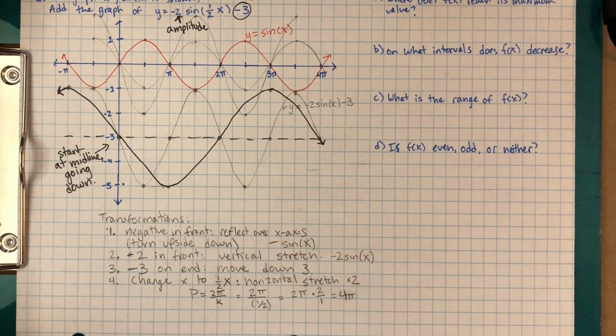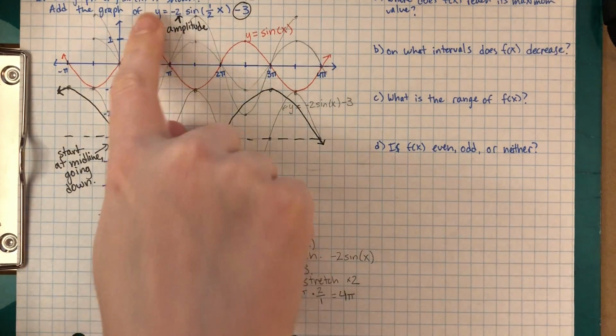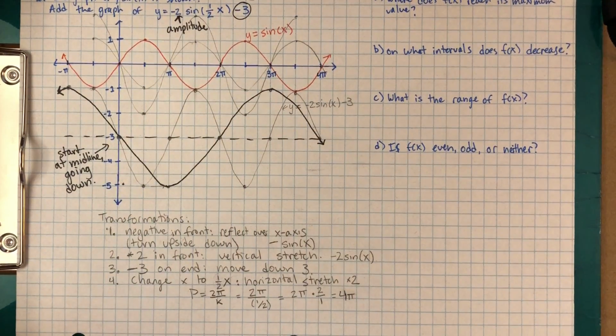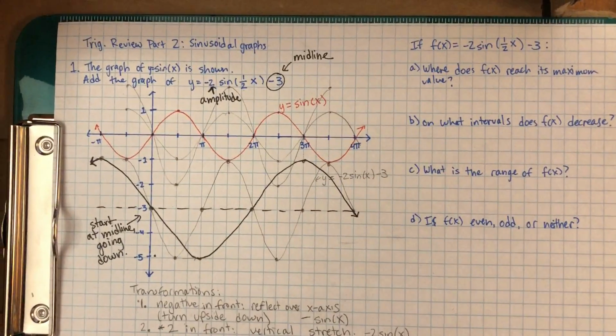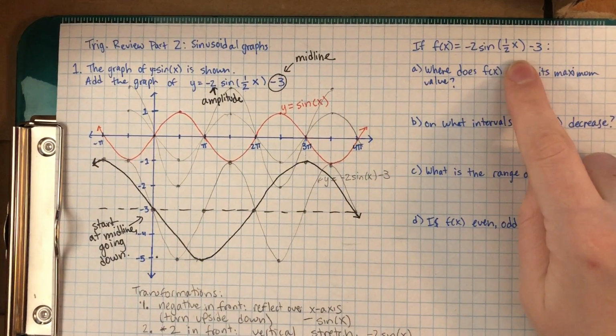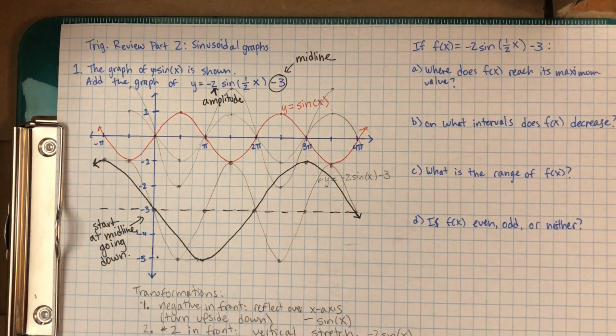So hopefully this made sense so far and let you see how the different parts of the equation affect the graph. Now that we have the graph in front of us, let's look at a couple of other things. So if this is my function f of x, -2 sine 1/2 x minus 3, then I might want to know, where does the function reach its maximum value?